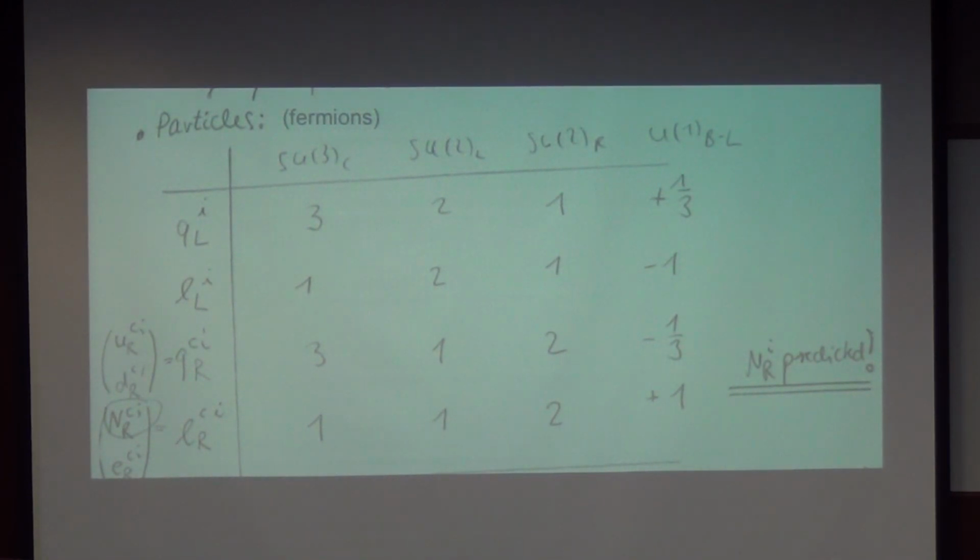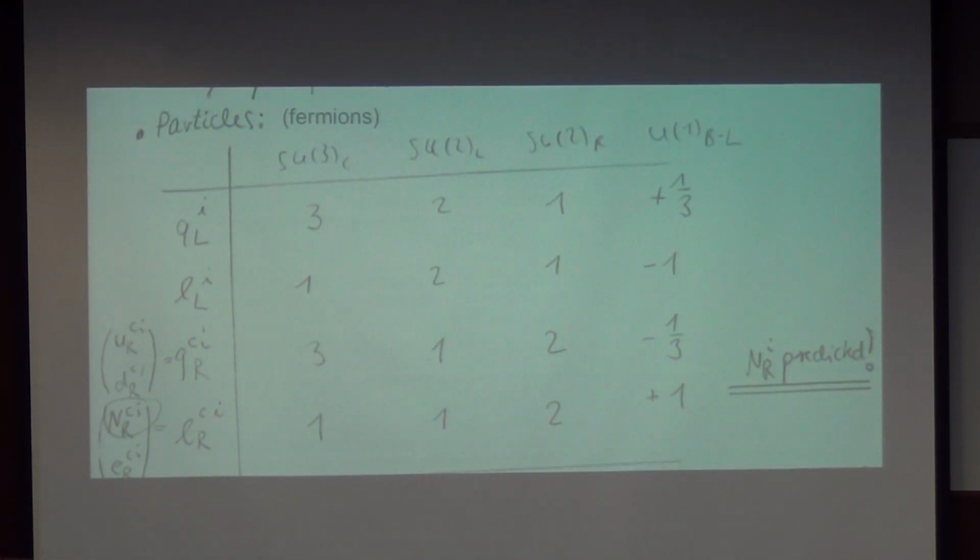And now comes something very interesting, because for the leptons, we only have the right chiral electron, but we have a theory which has an SU(2) right, so we must complete this to a doublet. So we are forced to write down a right chiral counterpart of our left chiral neutrino, which is in the doublet. So the theory predicts that there is a right chiral neutrino.